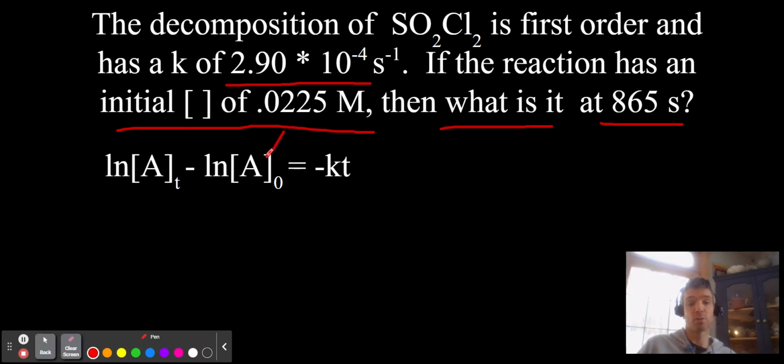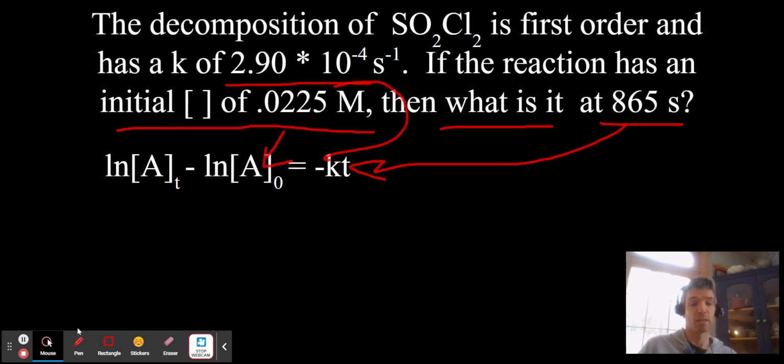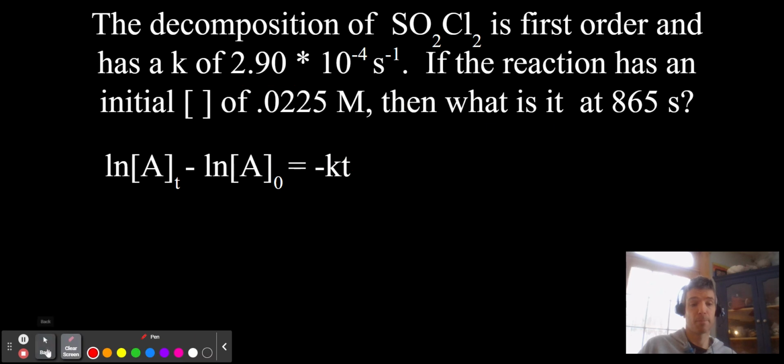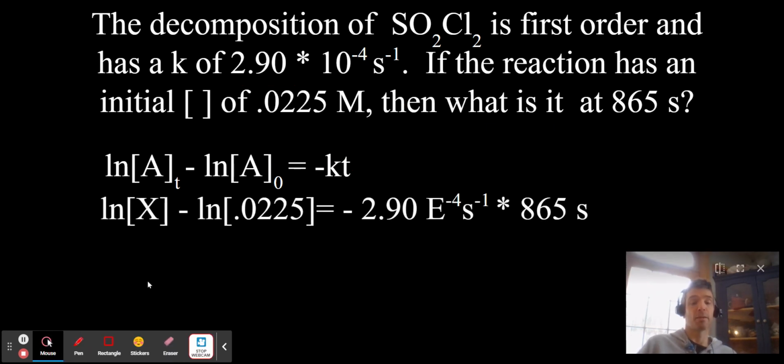So my initial goes there, my K goes there, and my time goes there. And I'm looking for the final concentration, or the concentration at a given time. All right, I'm going to plug in. I get this. And this may look like a lot, but it's simple.